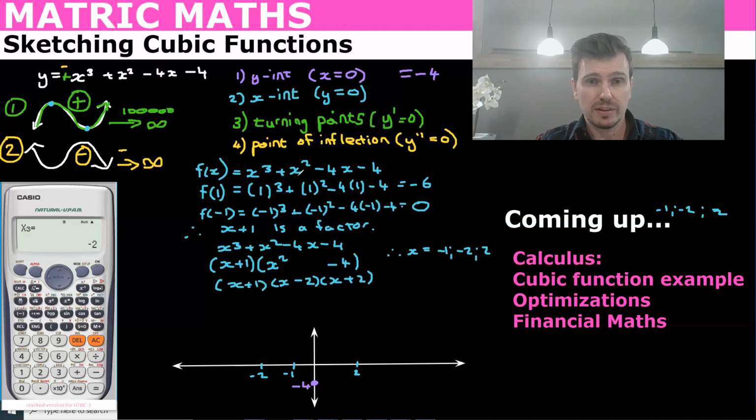So in order to find the derivative, I can just say f dash of x. And so this is going to be now in green. So f dash of x equals 3x squared plus 2x minus 4. Now I'm going to figure out my turning points by making this equal to 0.